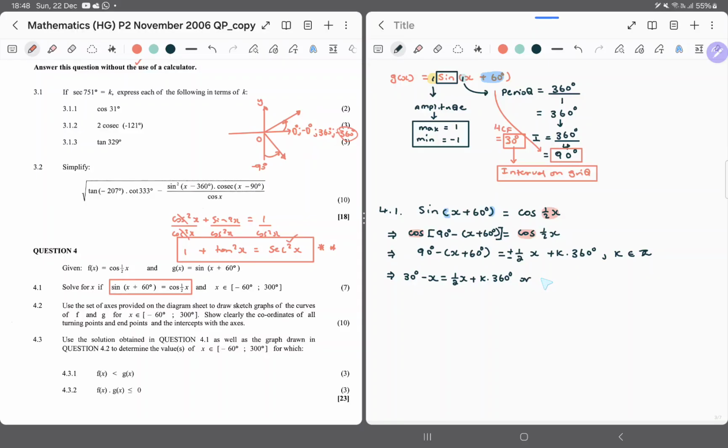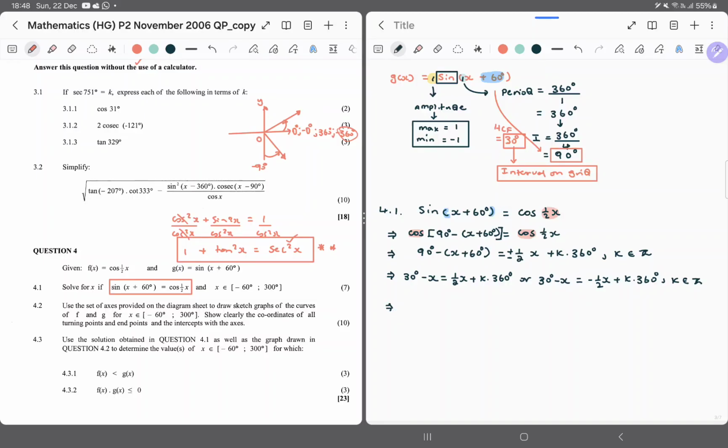Or we can say 30 degrees minus x is equal to the negative version of that angle plus k times 360 degrees, where k is an element of integers. Okay, this is what we need to do.